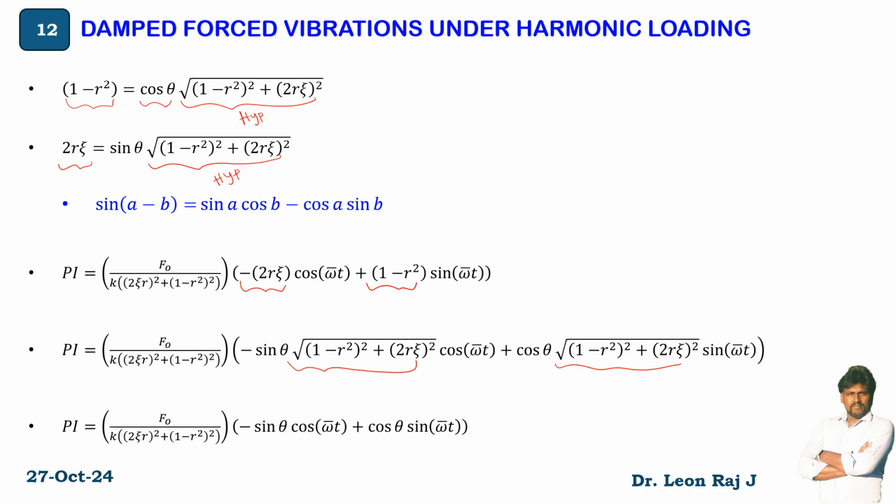So here it can be rewritten as, instead of sine, this sine theta cos omega bar t plus cos theta sin omega bar t. So f0 divided by k into the whole term can be taken outside, and here the root term will come.